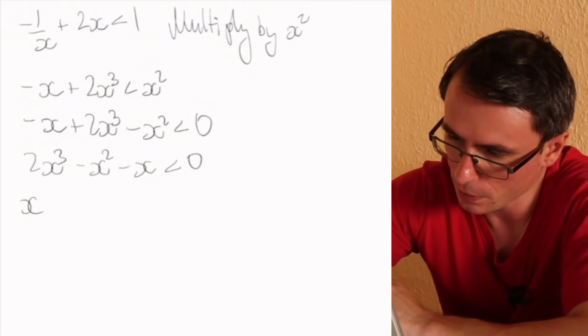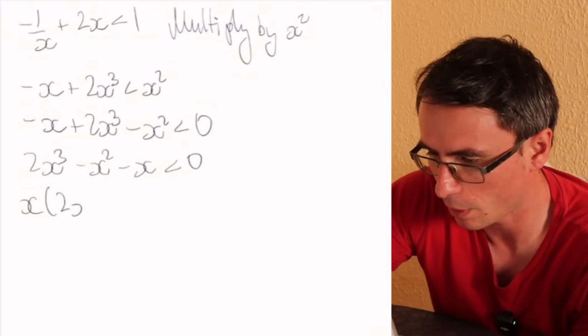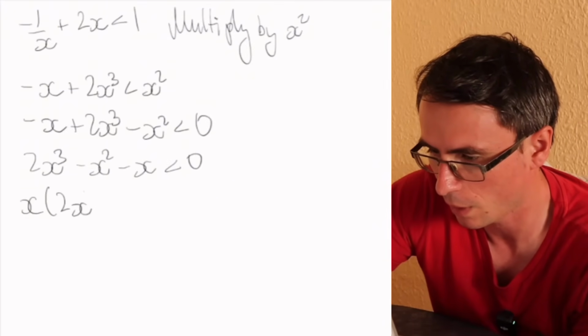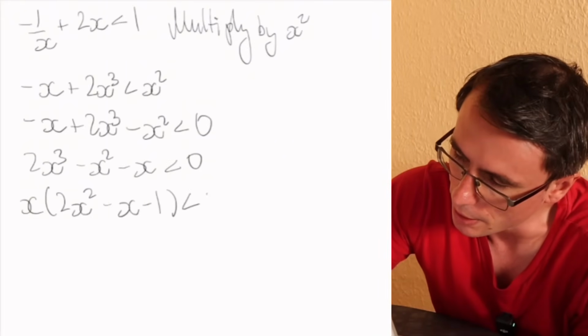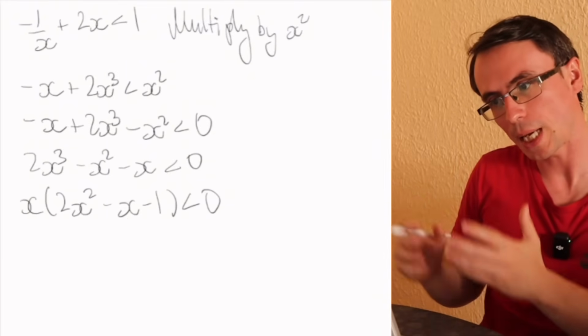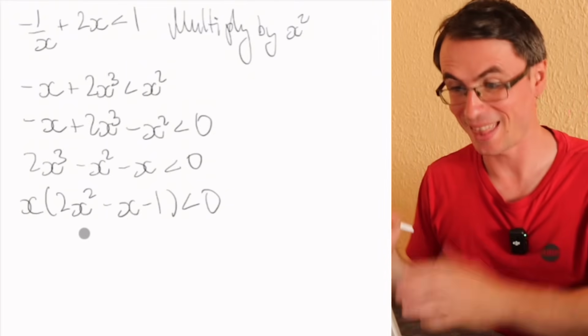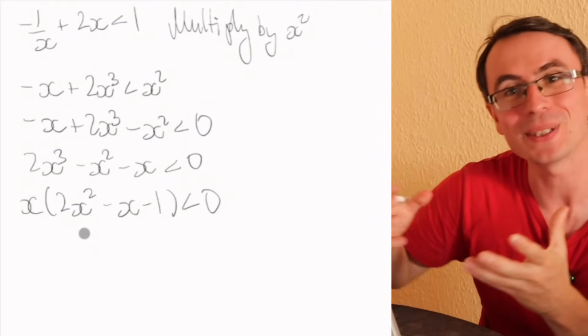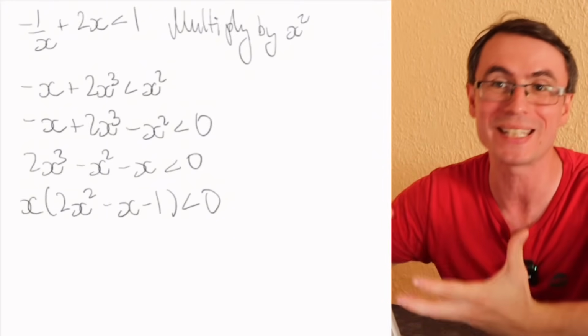Take a factor of x out, and now we have a quadratic, yet again very similar: 2x squared minus x minus 1 is less than 0. We are once again going to take exactly the same approach, but now we need to make sure that x and this quadratic have opposite signs, because we want the overall expression to be negative.